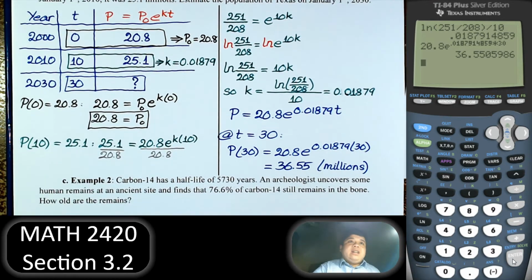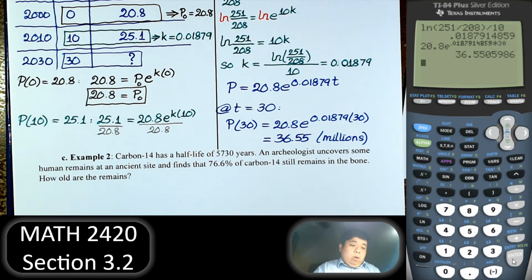So I did mention that exponential growth, or in this case exponential decay, works for quite a few other applications. Namely, in this case, we have radioactive decay, and it also works in finance for continuously compounded interest.